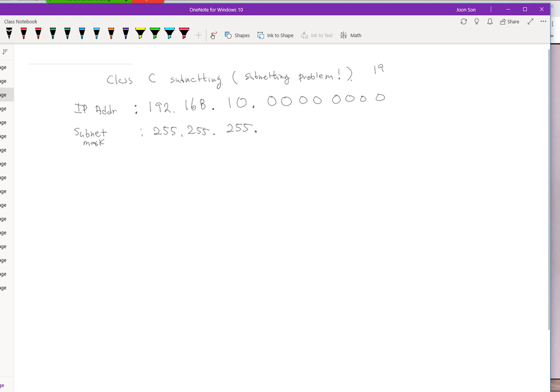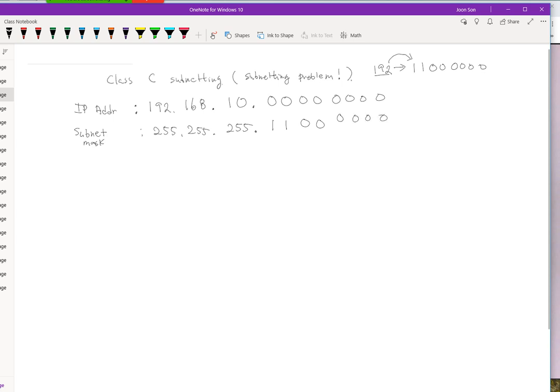When I convert 192, I told you that you should memorize this: 11000000. Of course, you can convert this into a binary number, but it takes time and you can make a mistake. So it's better for you to memorize it: 11000000.